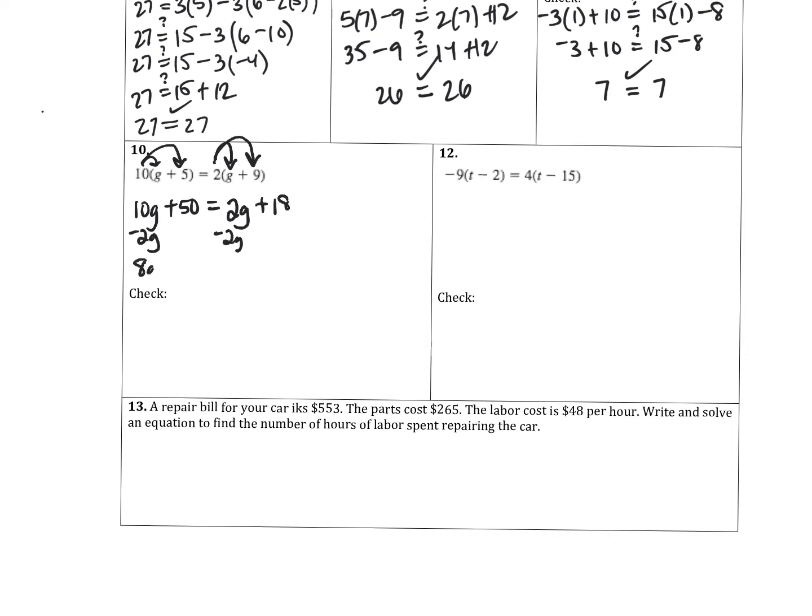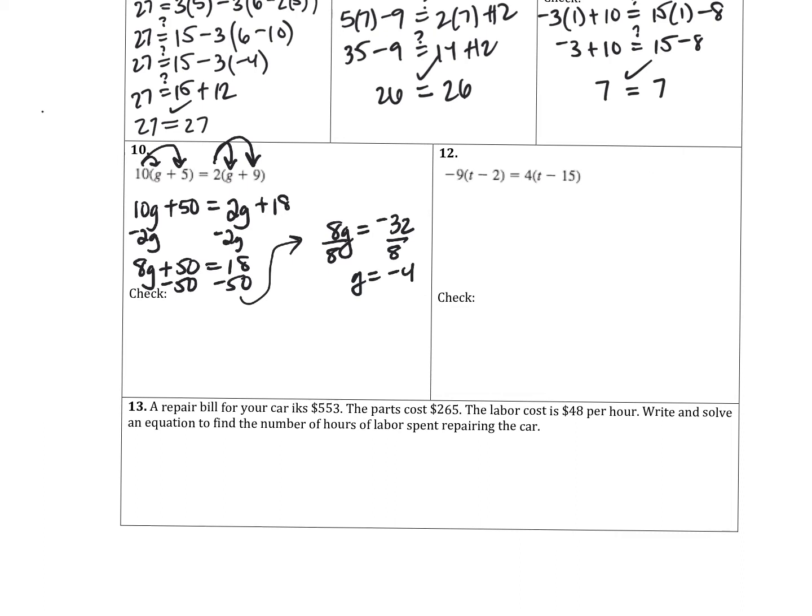I'll get 8g plus 50 equals 18. Let's subtract 50 from both sides. I'll get 8g equals negative 32. And if I divide by 8 on each side, I'll get g equals negative 4.